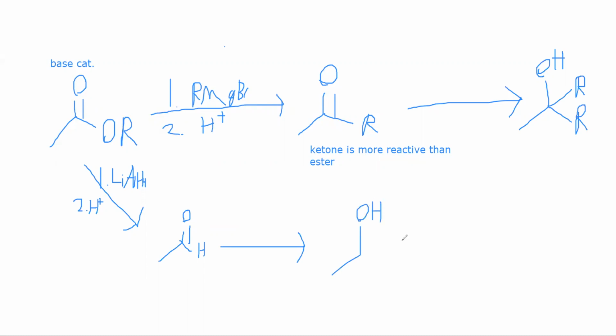And these reactions are not reversible because Grignards and hydrides are very strong nucleophiles, so you can't really go backwards to reform them because they're so reactive. So irreversible means a very strong nucleophile.